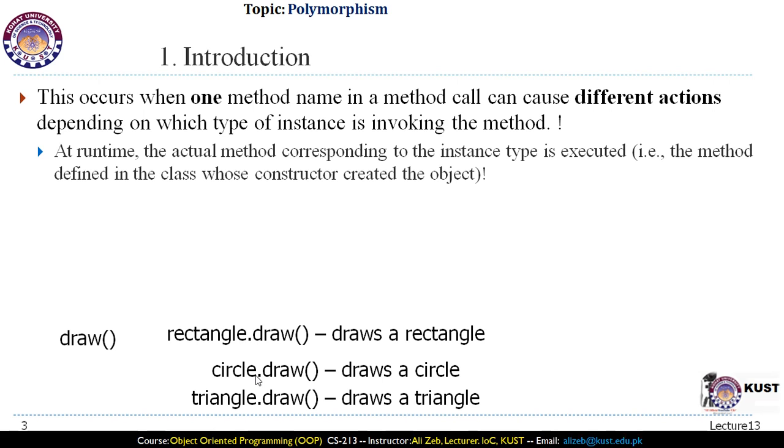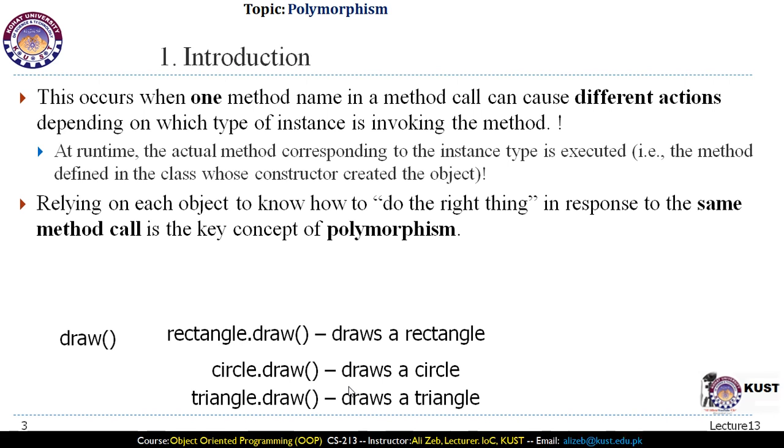When we call the method on an object of a subclass, the functionality we have defined in that class will be executed. Relying on each object to know how to do the right thing in response to the same method call is the key concept of polymorphism.